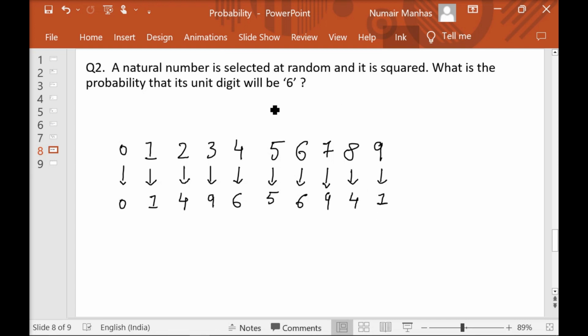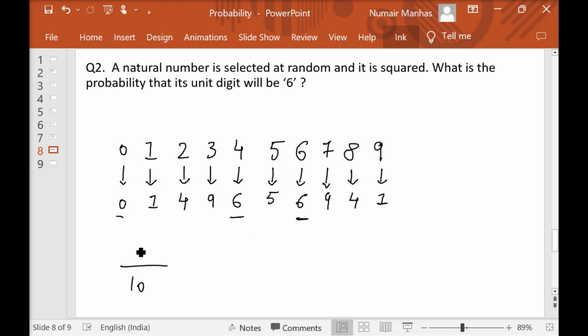So the question is asking, what is the probability that the number will be 6? Out of 10 numbers, the total sample space is 10, right? Here we are getting two numbers that are 6 out of 10.